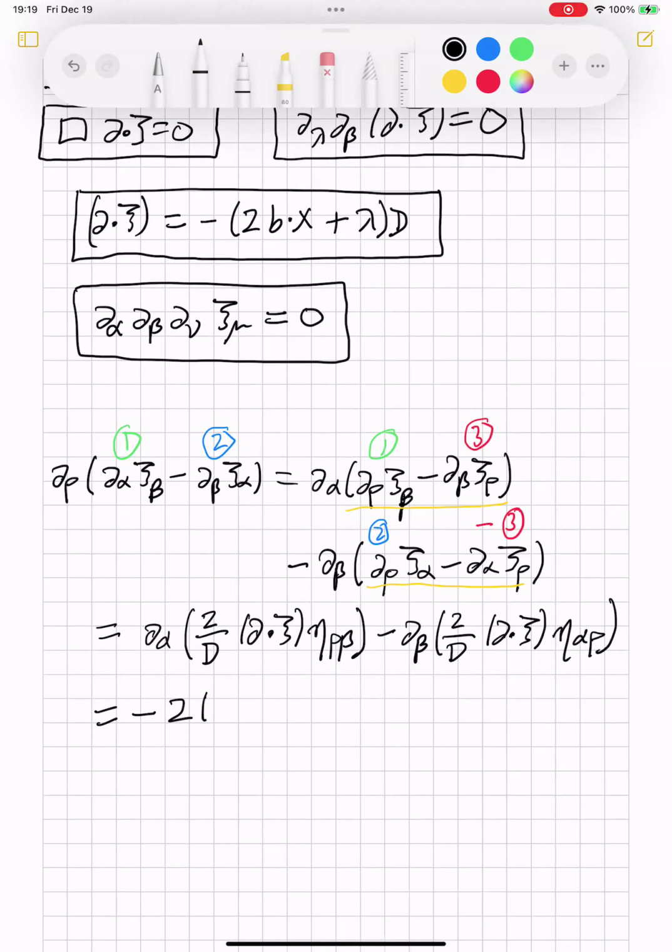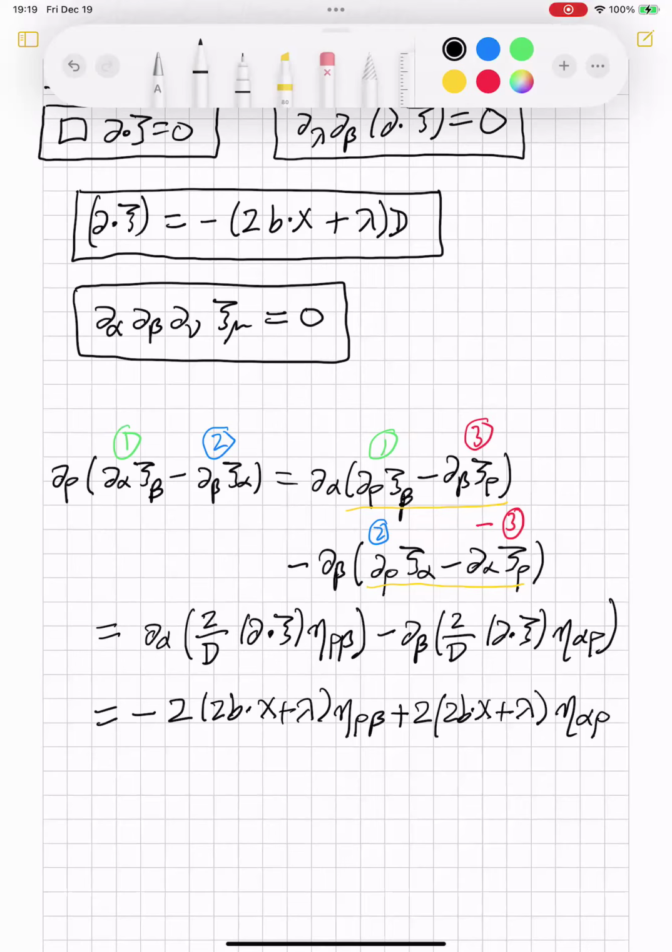We'll have a 2b·x plus λ, and then it will be times η_ρβ. Then we've got minus. The divergence is again negative, so times this minus, we'll get a plus. The 2 will be left behind. We will have a 2b·x plus λ, and then we will have an η_αρ.